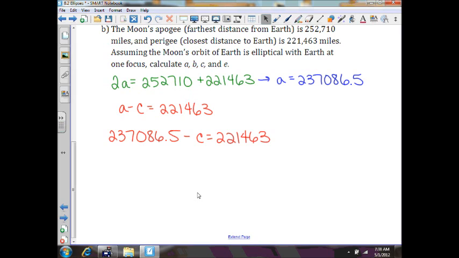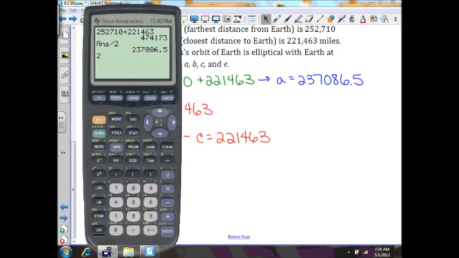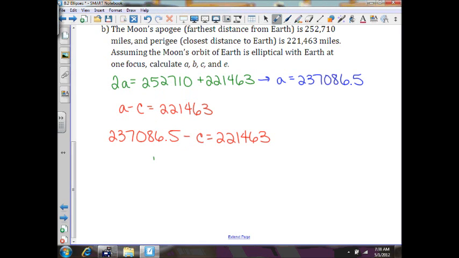Doing some little mathematics here, we subtract the 221,463 from 237,086.5, and that gives us our c value, which is 15,623.5.